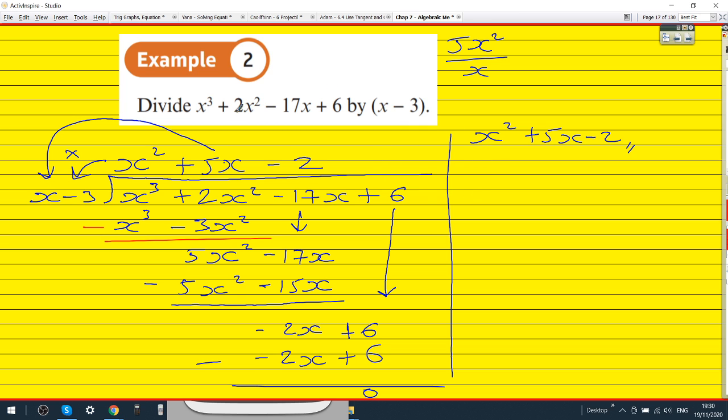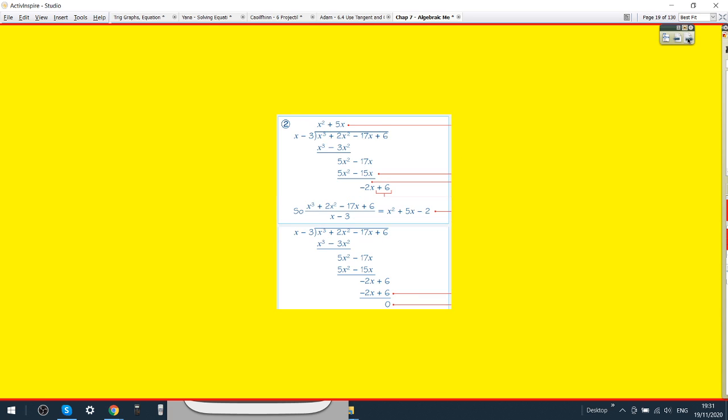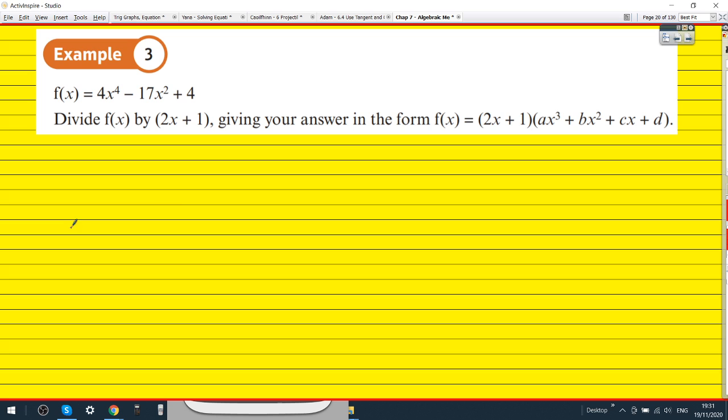And so if this divided by this gives you this, then x cubed plus 2x squared minus 17x plus 6 must be equal to those two times each other. That's an algebraic method. Practice time.